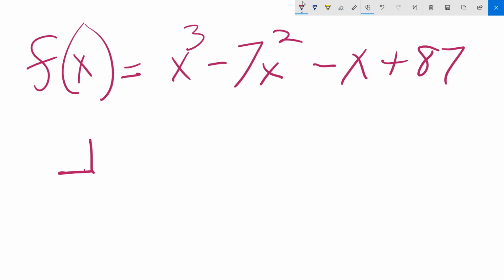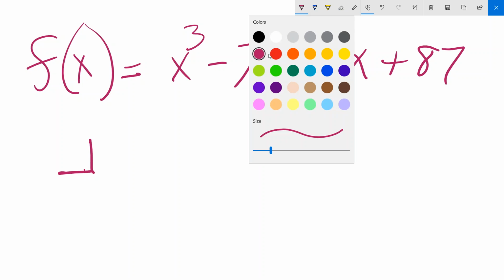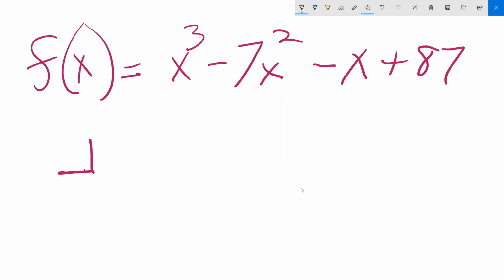Let's say one of the zeros of this cubic is 3. All I have to do is synthetically divide the cubic by 3, and I'm going to be left with a quadratic, which I can then handle, whether I have to factor it or use the quadratic formula.